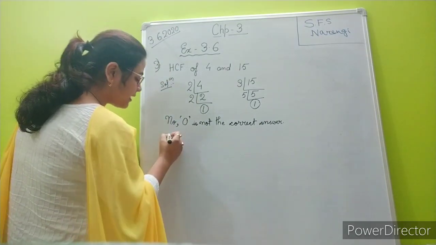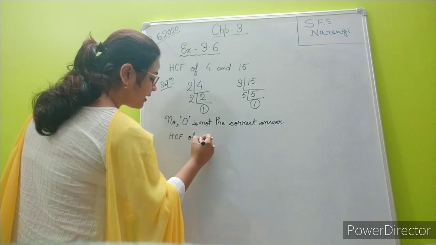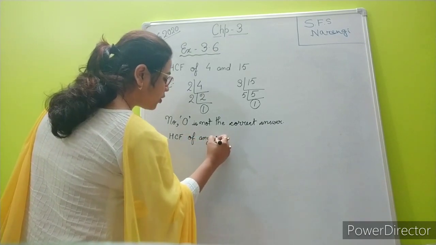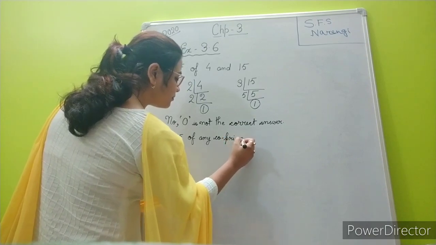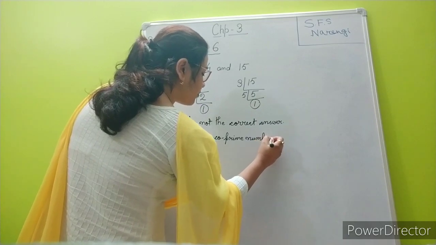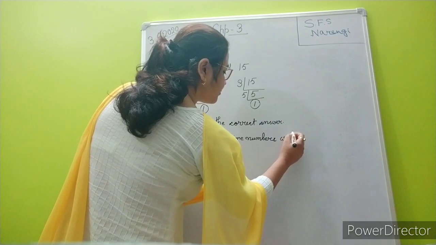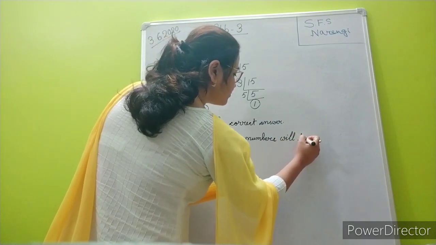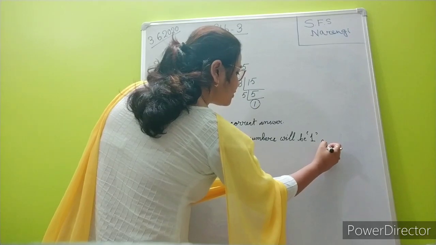We have to write HCF of any co-prime numbers will be 1. Yes or no, children?